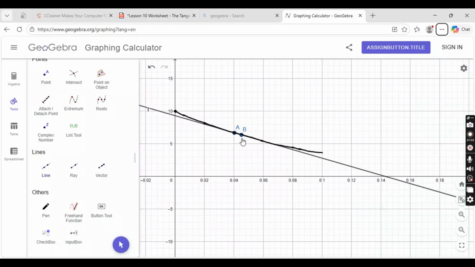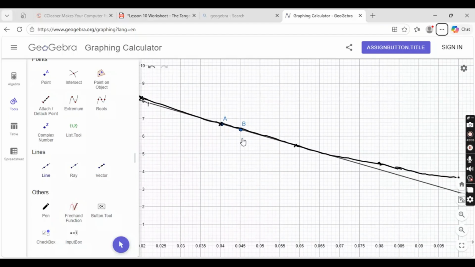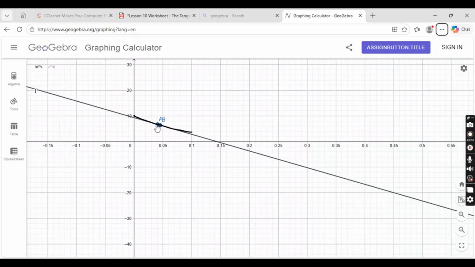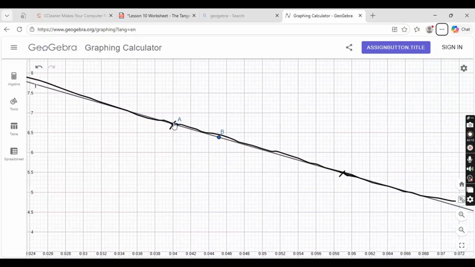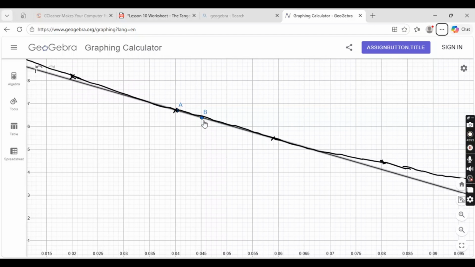Let's look from afar. Does this look like a tangent line? Yeah, looks like it's trying. It's trying. Yeah, the diagram is so bad. It's trying its best. Okay, so maybe if we use this.